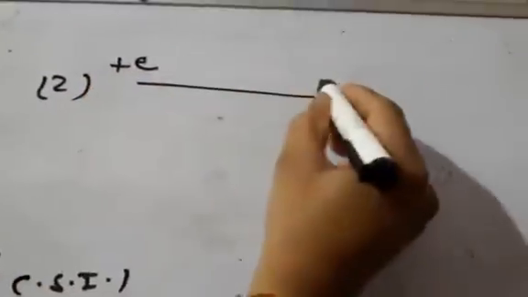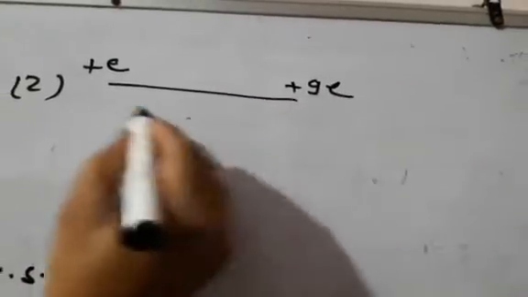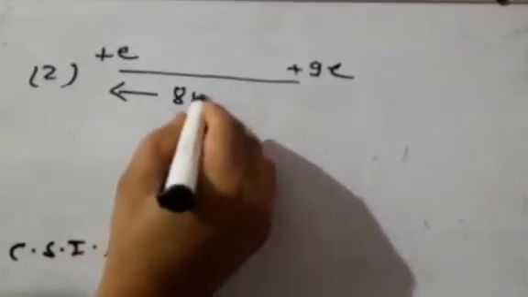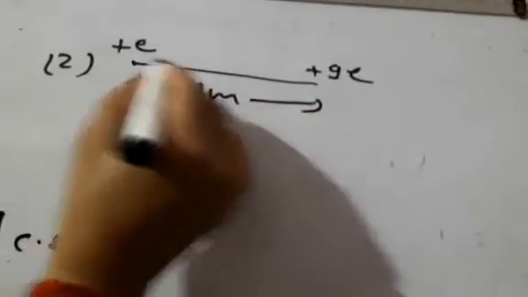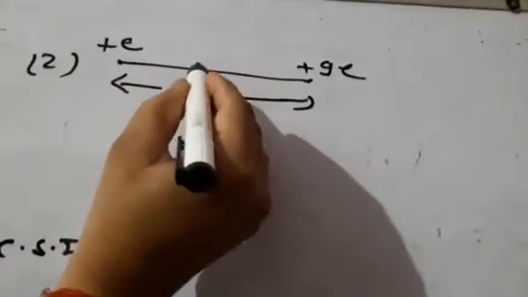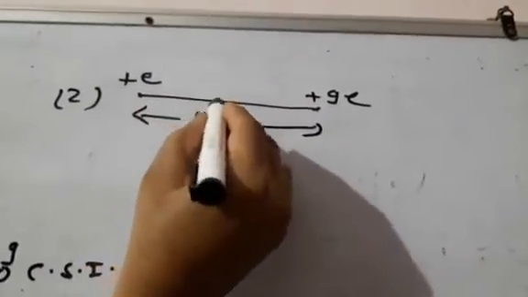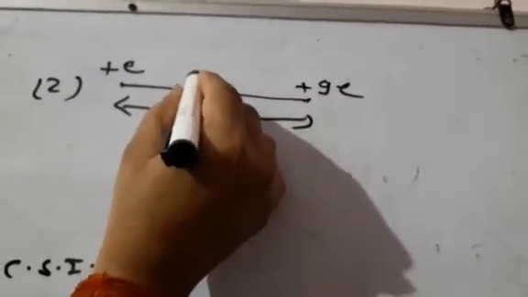Similarly, if 2 point charges plus E and plus 9E are placed at a distance 8 meter, we have to find a point where net intensity is 0.